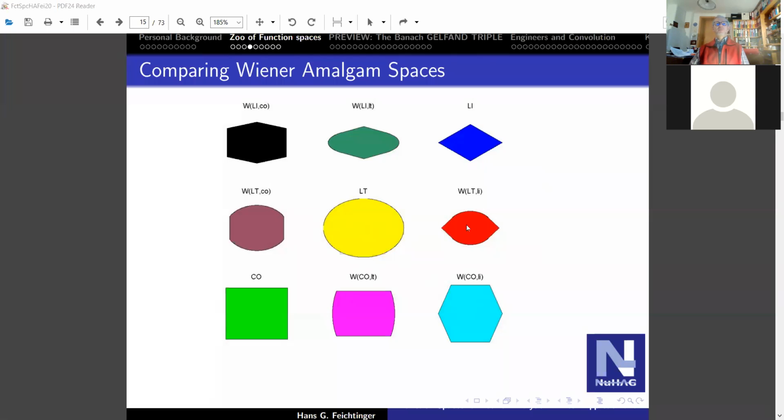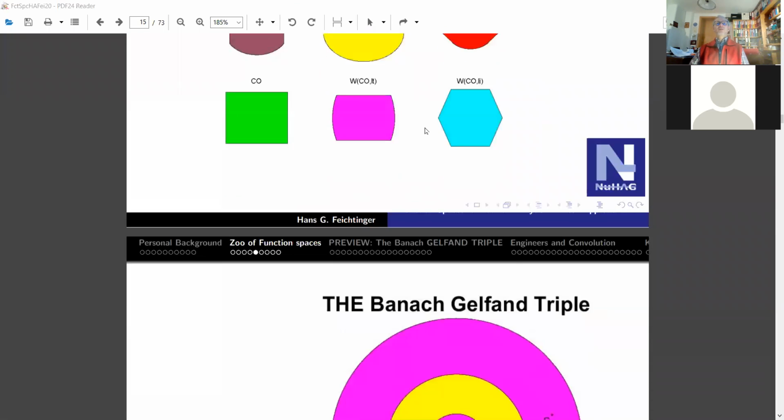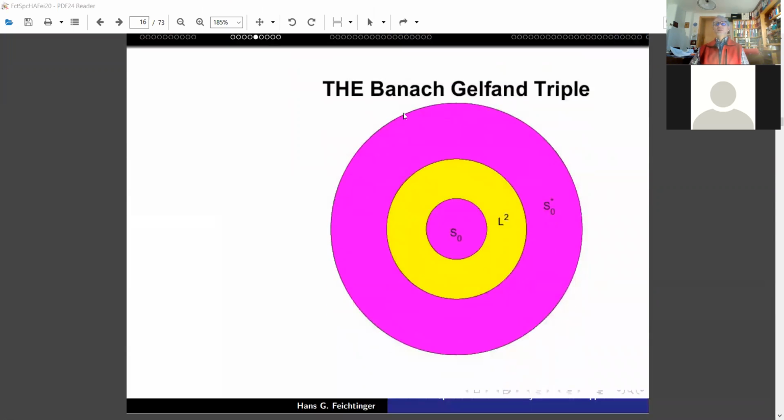You can take this space, then you're ending up here, and you can take this space and you're ending up here. So it's the Fourier transform of the small guys, which are in the right lower end, going into the bigger end or so. So you see these pictures are intuitive. Of course, they are made such that existing results are valid and just are made plausible or visualized by these statements.